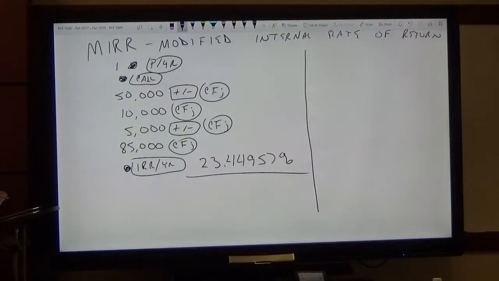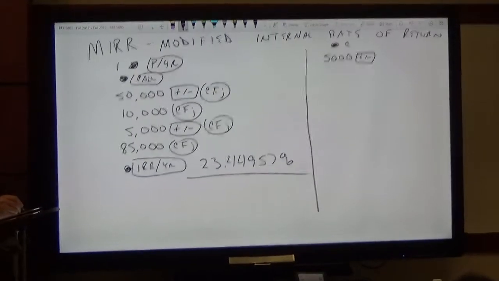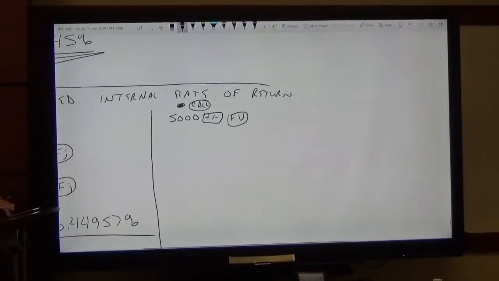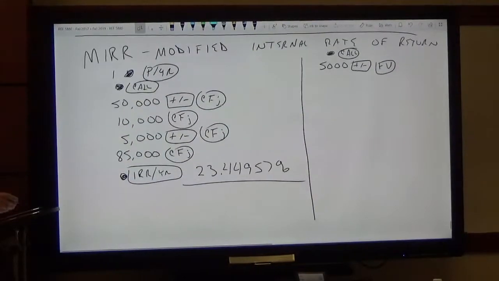So what we're really doing in this particular example is we're taking that 5,000 negative, and this is going to clear everything out so I don't get confused. We're making that, in essence, a future value because it's occurring here in year 2. Okay.